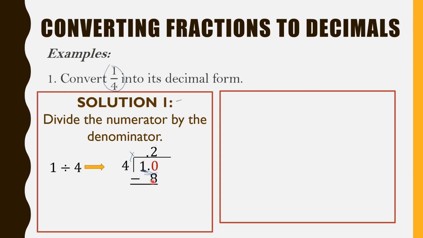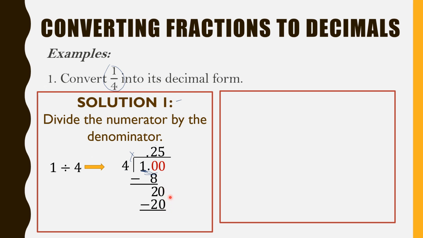So 10 minus 8 is equal to 2, and I think we can annex one more 0, so bring down 0, and we have 20 divided by 4, and 20 divided by 4 is equal to 5. And then we multiply it again. 5 times 4 is equal to 20.